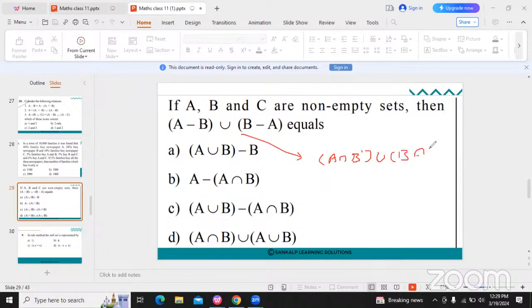So A intersection B dash union B intersection A dash is nothing but A union B minus A intersection B. So here, which option is satisfying? Option C is satisfying. Yes, already some of you have given the answer. Option C. Yes, exactly. Your answer is right.